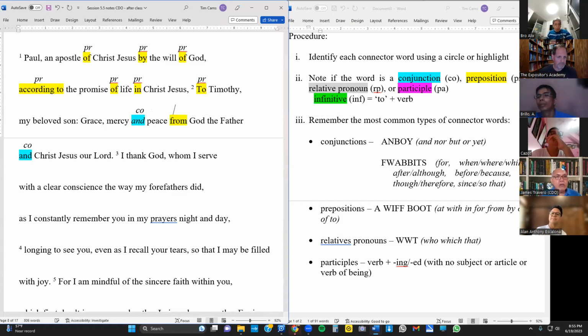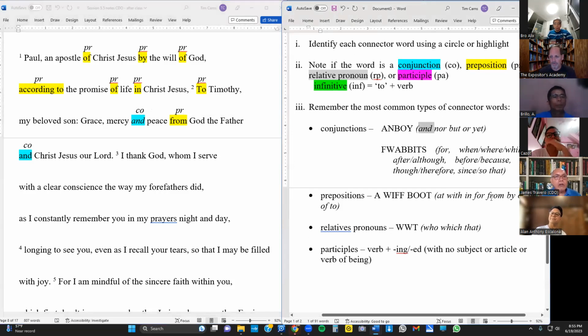And notice both of those are over here, "from" and "to." Maybe I should put more space between them to make it easier to see here. Let's do that. All right, good.